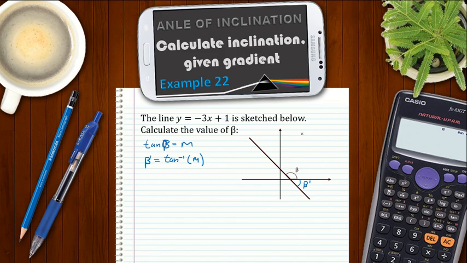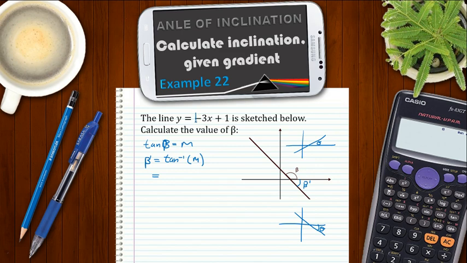So always remember, if I have a line like this, my theta in my formula is always that angle, but if I have a line that goes like this with a negative gradient, the angle in your formula is always going to be this angle over here. So let's substitute that in and see what we get.